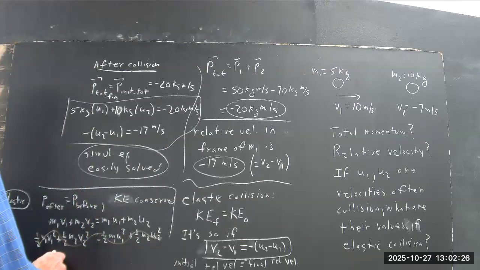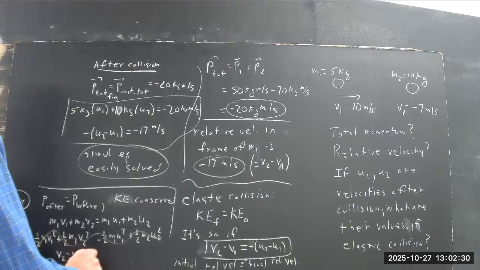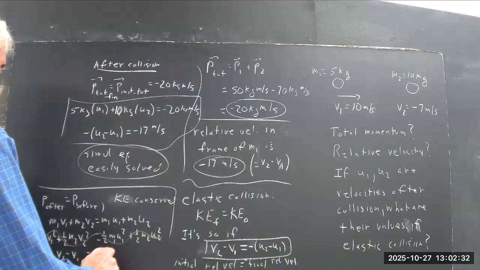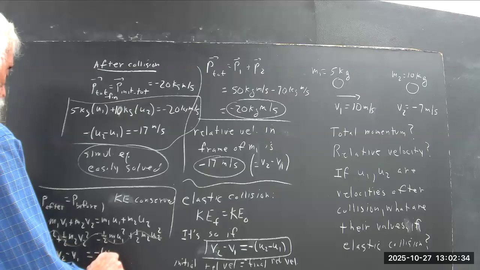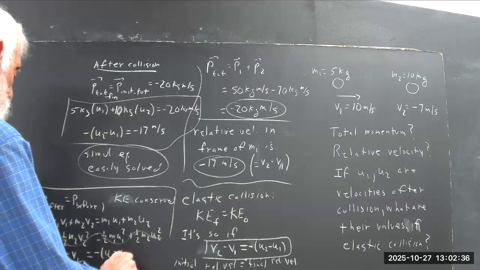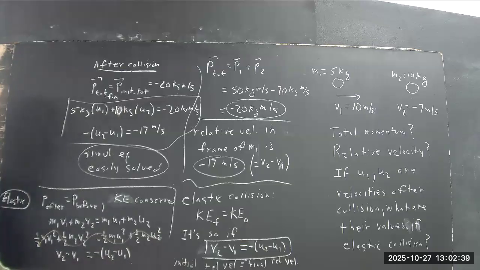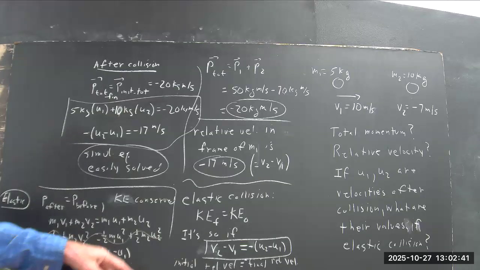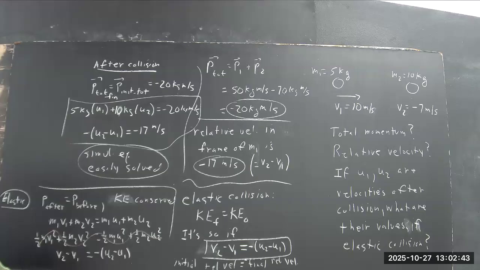So I'm just going to lightly cross this out, not because it's not relevant, because we're not going to use it. We're going to use V2 minus V1 is the negative of U2 minus U1. And that's what we just did here to get these simultaneous equations.